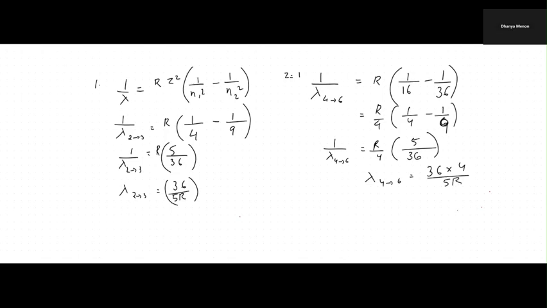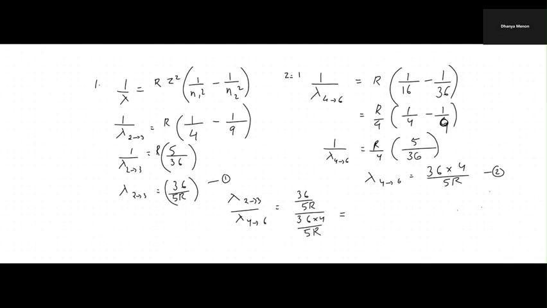Okay, so they have asked for the ratio. So this is equation 1 and this is equation 2. So what I do is I take the ratio, lambda 2 to 3 by lambda 4 to 6. So 36 by 5R by 36 times 4 by 5R.